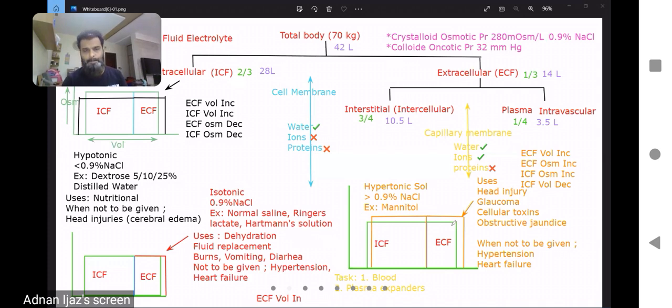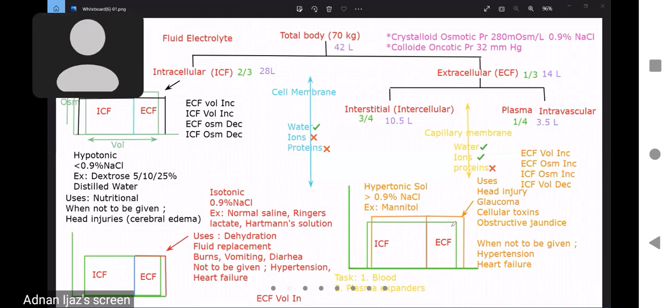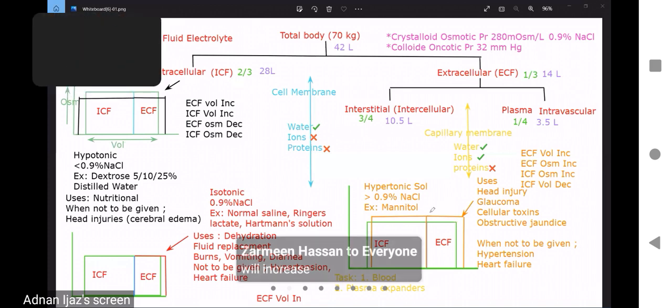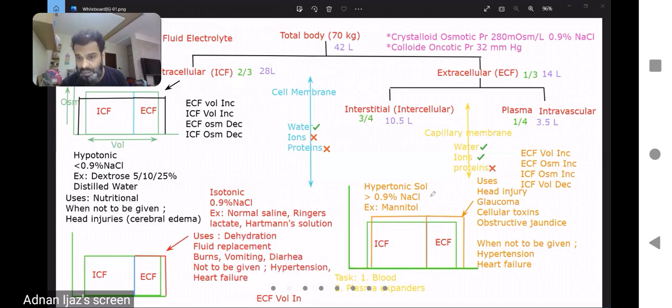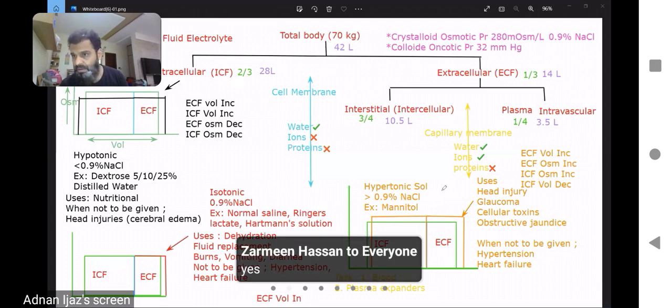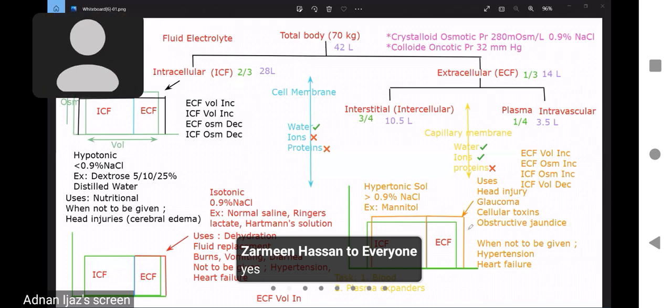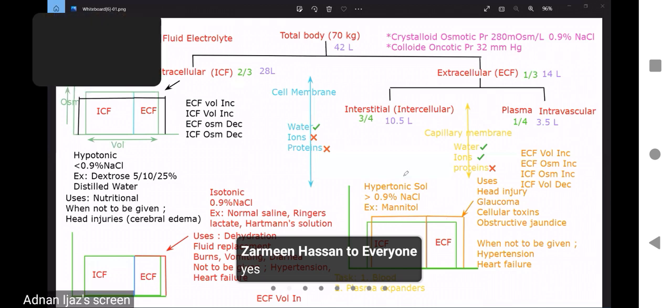Just think. It will increase, and the osmotic pressure will increase as well, because the solution we are giving is hypertonic and it has an osmolarity more than 0.9% sodium chloride. Clear?